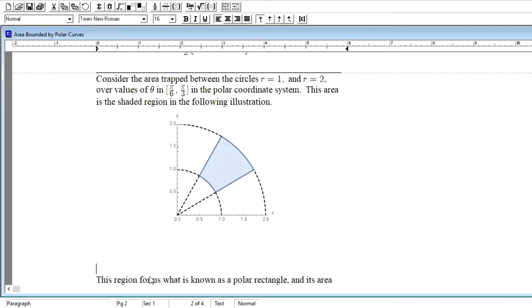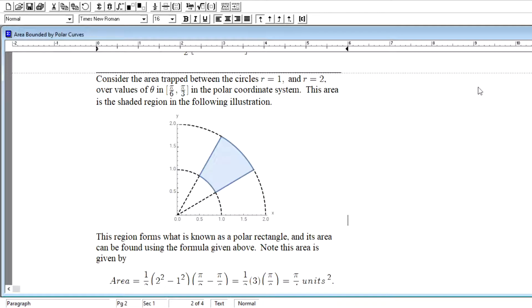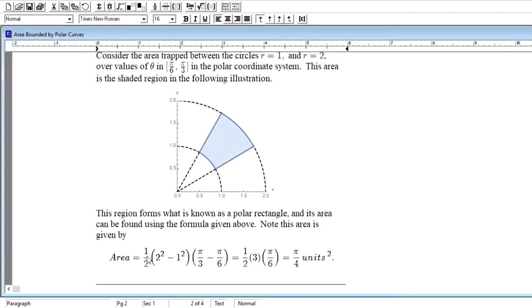If we put this information into our calculation, it is going to be 1/2 times our larger radius, 2 squared, minus our smaller radius, 1 squared, all times the difference of our two angle measurements, beta minus alpha, beta being pi over 3 and alpha being pi over 6.